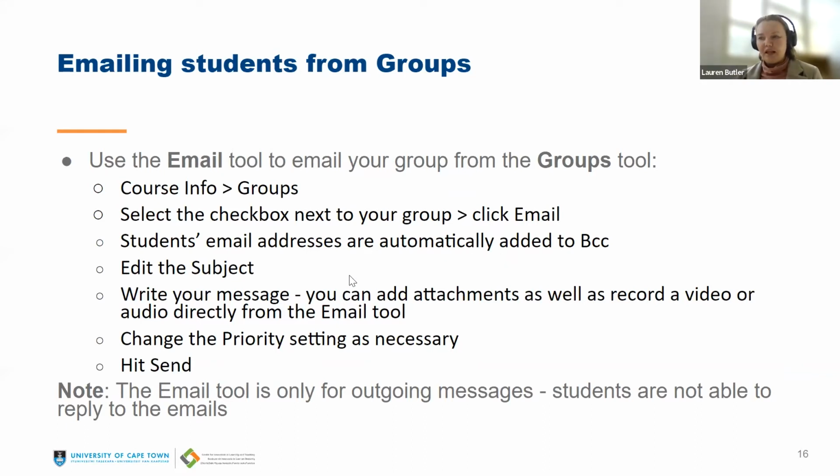From there, the students' emails are added automatically in the BCC box. You can edit the subject, write the message, add an attachment, as well as record a video or audio directly from the email tool. You can also change the priority setting as necessary. It's set to normal by default, but you can change that setting and then hit send.